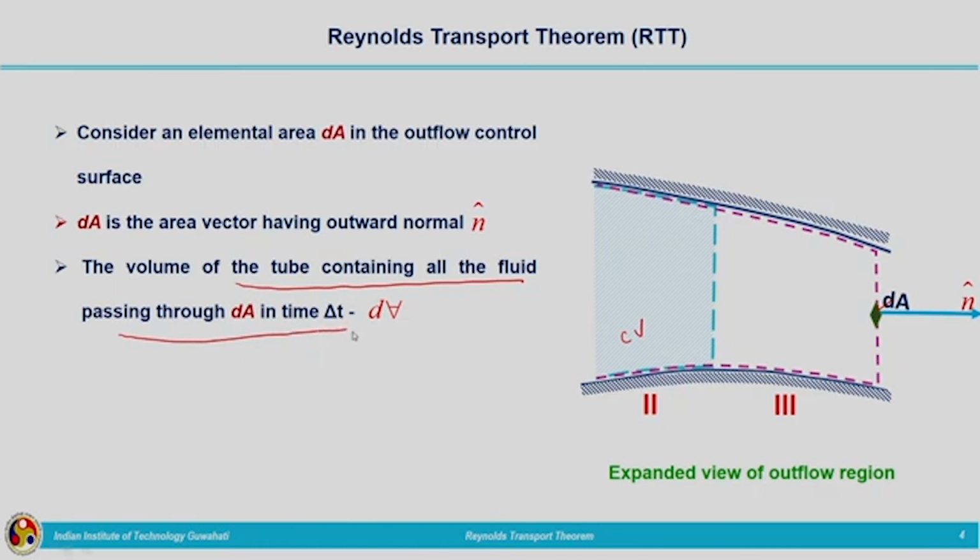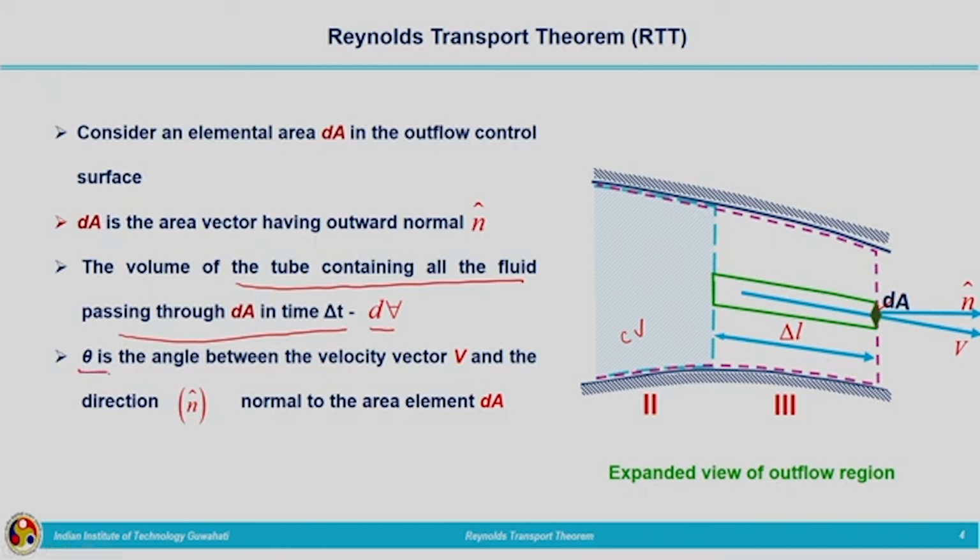That is represented by the notation dV. It is depicted here with the help of this green solid diagram, which has a length of delta L. Here you can see I have marked the velocity vector. The velocity is in the flow direction, and this is marked as V.